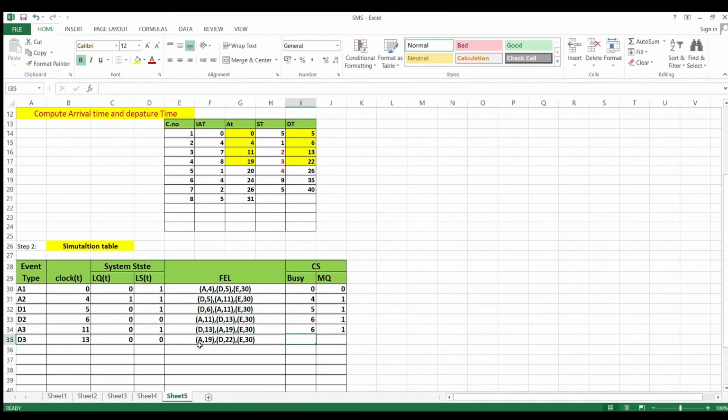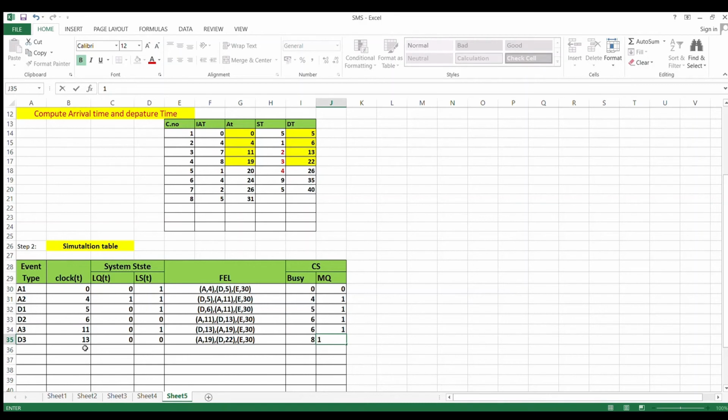So calculate the busy time. Departure 13 minus 11 plus 6, 8. So maximum Q is 1.